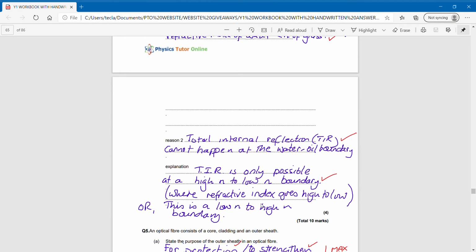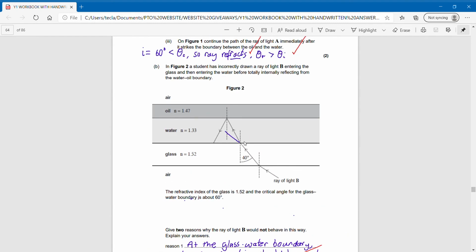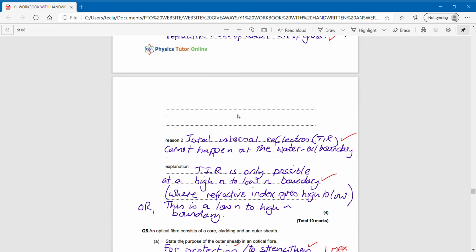And reason 2, total internal reflection cannot happen at the water-oil boundary. So if we look at the water-oil boundary here, they've shown this ray of light totally internally reflecting. Basically it's reflecting back off that boundary. That cannot happen.